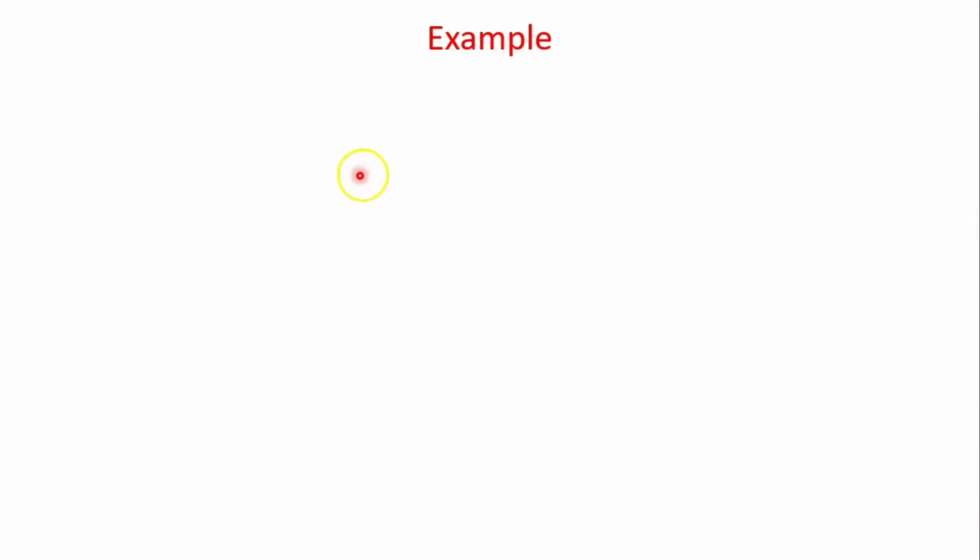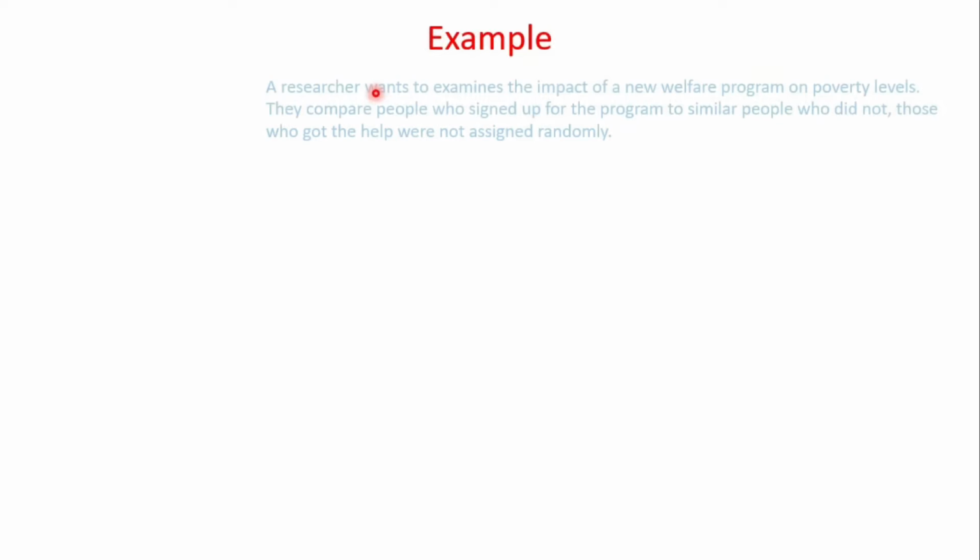Let's take some examples. Now let's say a researcher wants to examine the impact of a new welfare program on poverty levels. Then the researcher compares people who signed up for the program to similar people who did not sign up for the program. Now when you look at this, it's almost looking like the experimental, but the difference here is that the group that we compare already exists.